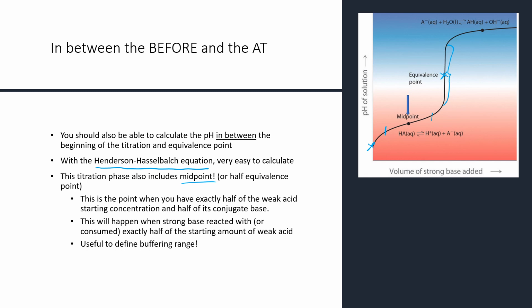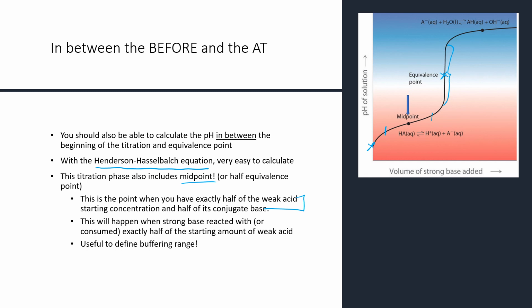This happens when we have added enough strong base to react with exactly half the initial concentration of weak acid, in turn forming an equal amount of conjugate base. So you can think of this as equimolar or equal moles of weak acid and weak base existing simultaneously in solution. Pretty cool.